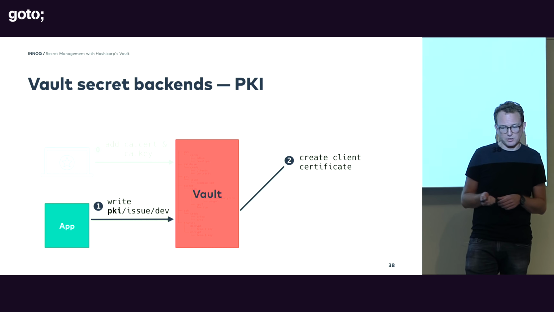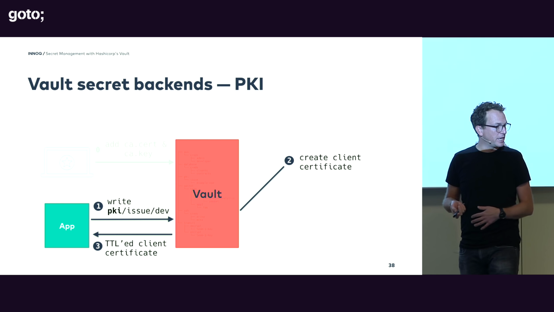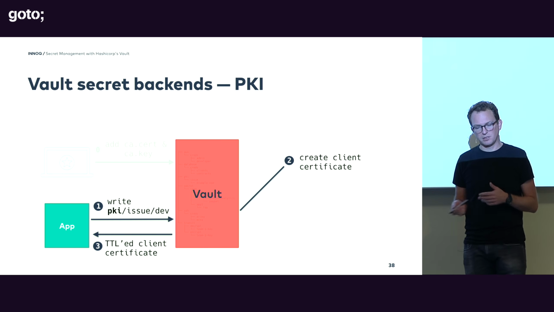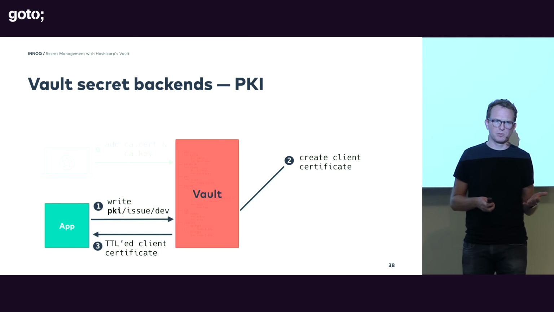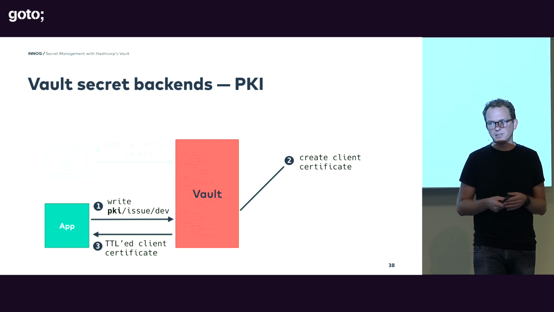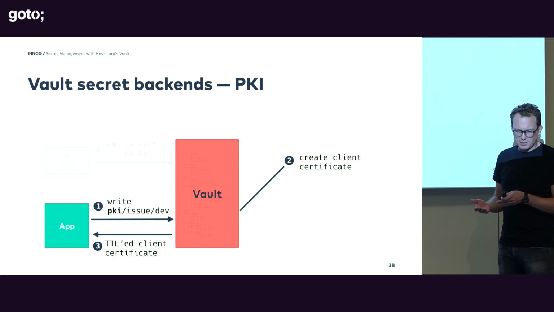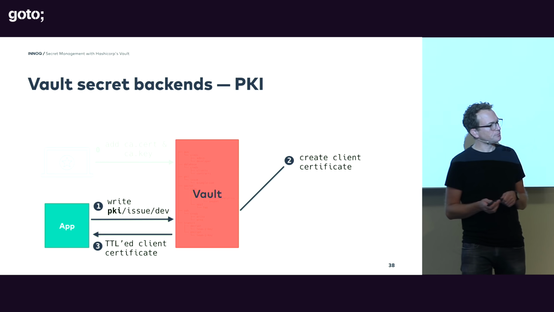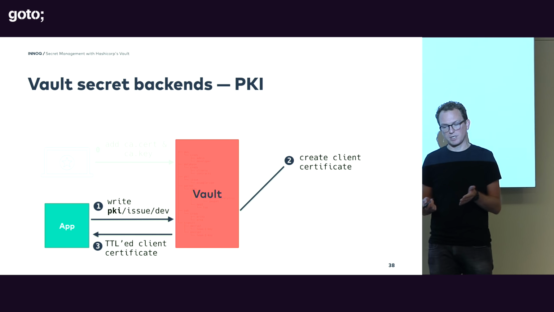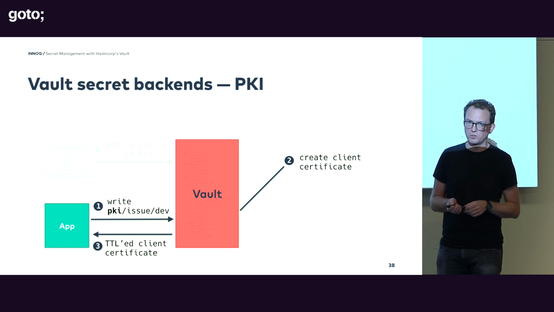Vault creates a client certificate, and the application can use this client certificate to talk to your applications. So with that, we actually implemented mutual TLS in our Kubernetes cluster. These days, you would probably do that with Istio or Linkerd 2.0. But at the point when we used that, those service meshes weren't available yet.